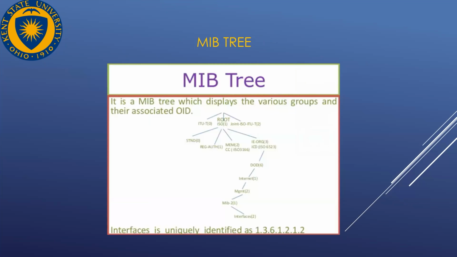So in this case, you start at the root, and then you'd branch out, and you keep branching out so you get down to interface. And say you could even say interface state if this went down one further. Each branch then is essentially tacked on to this MIB string identifier, and that's how SNMP knows what specific piece of information we're looking for.